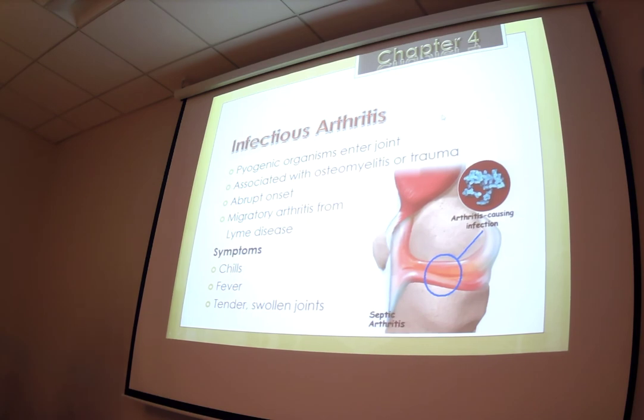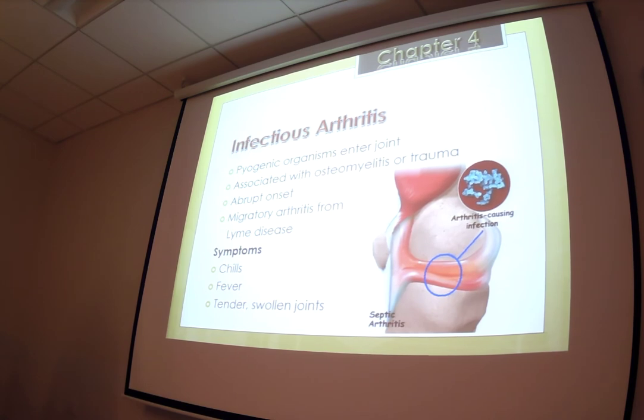So infectious arthritis is a reaction to an infection somewhere else in the body. The infection then somehow gets into the bloodstream and then settles into the joints. It can come from bacterial, viral, or fungal infections. It can be associated with osteomyelitis or trauma.